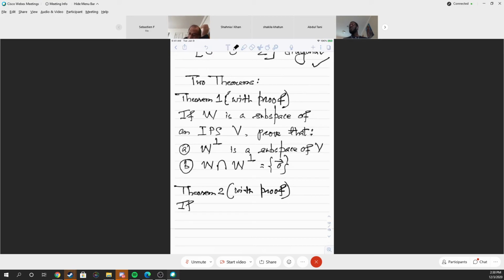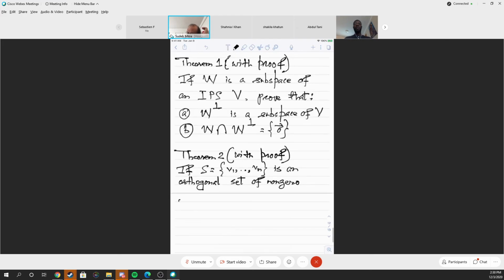If S is an orthogonal set of, this is very important, non-zero vectors in an inner product space, then S is linearly independent.